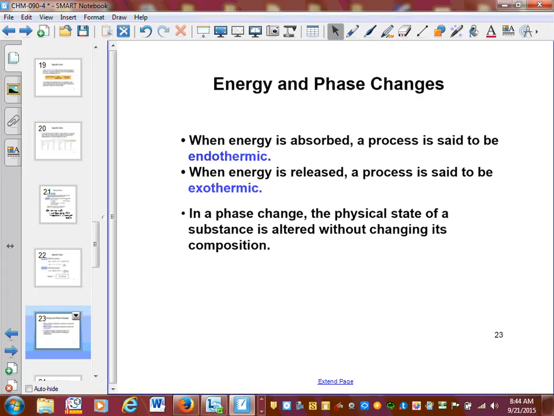I'm asking you. Exothermic releases energy. No, it is exothermic. So when you go from liquid water to ice, you release heat. That sound right?